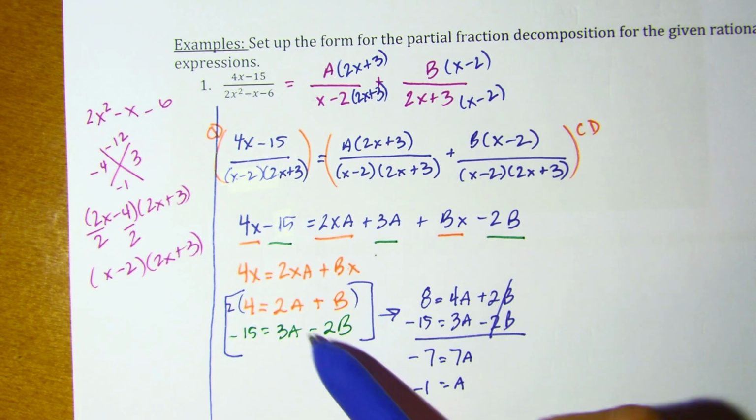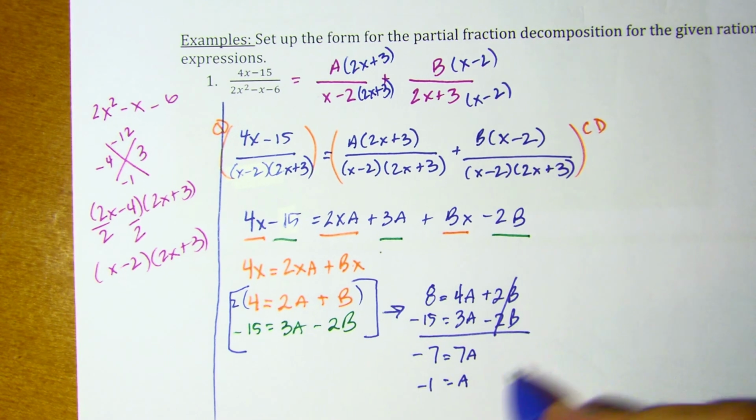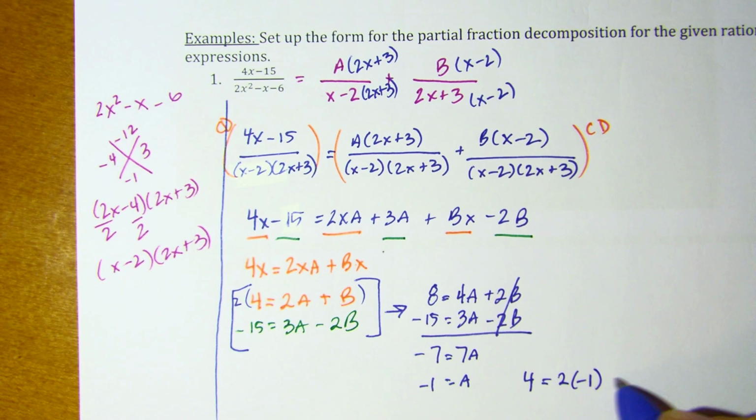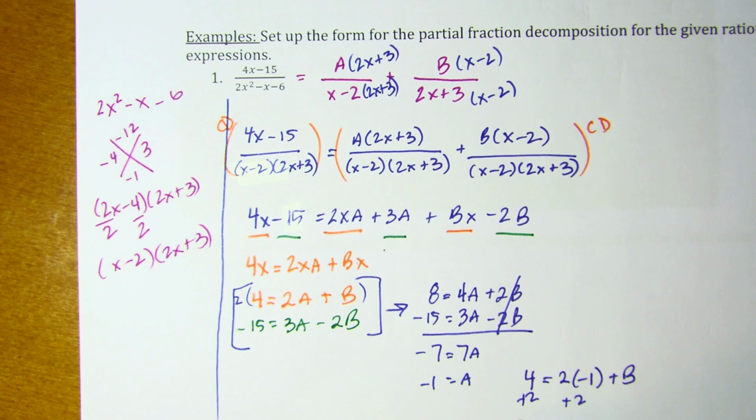And I can plug that into either one of these equations to solve for b. I'm going to choose the top orange one here, so 4 equals 2 times negative 1 plus b. That's negative 2, so plus 2 and plus 2. 6 equals b.